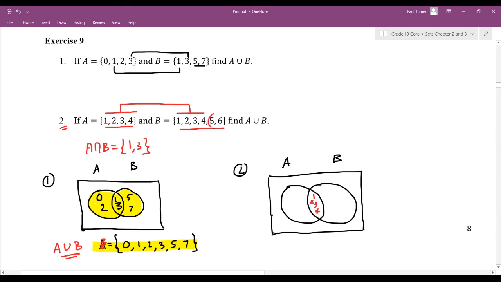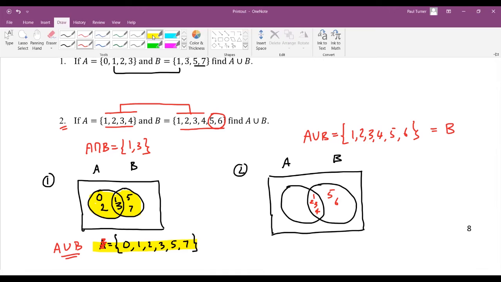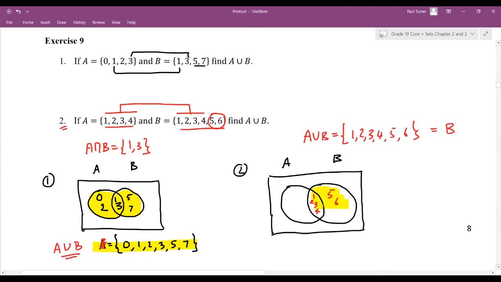And then the other two numbers are 5 and 6. They're in B, so they go there, like that. So your union will be 1, 2, 3, 4, 5, 6, which is actually the same as B. You'll notice that that set is B, isn't it? That's the same as writing set B. So that's your union, A union B.